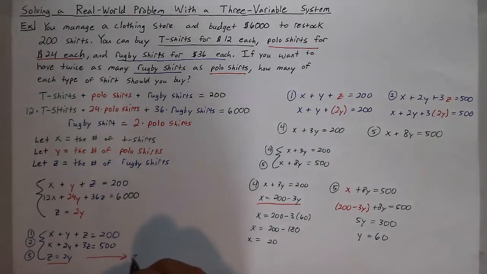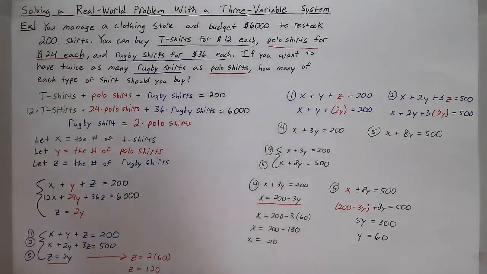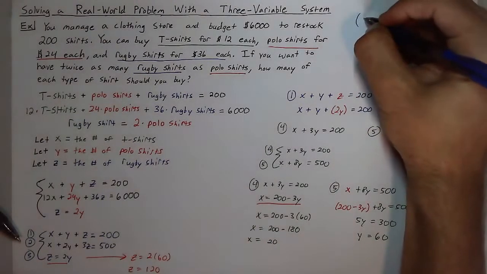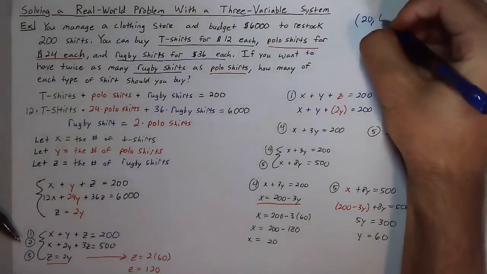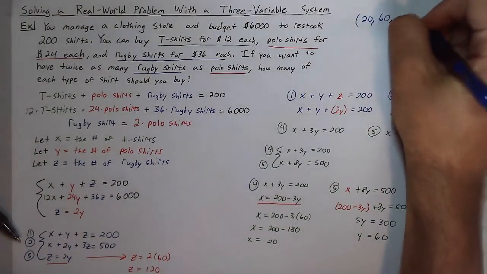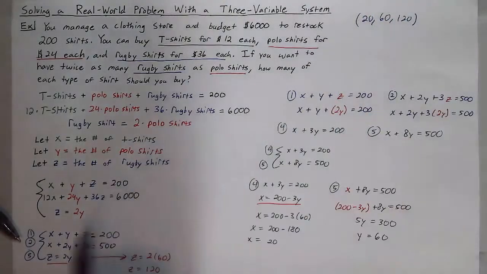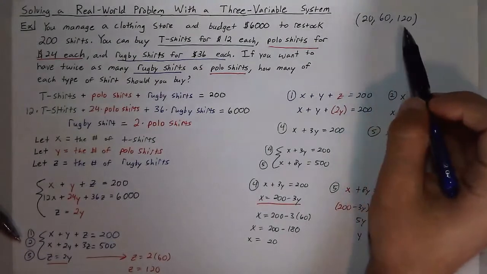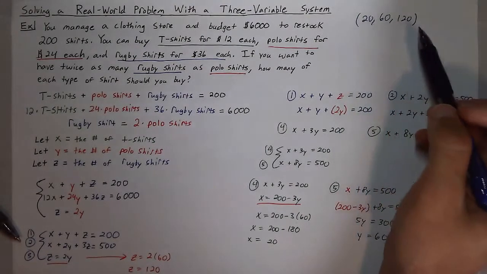And z is going to be equal to 2 times y, which is 60, which will be 120. So my solution to this problem is the ordered triple, 20, 60, 120. And if I want to double check, I could plug that into either of my other equations, and those do add up to 200 shirts, so that should work.